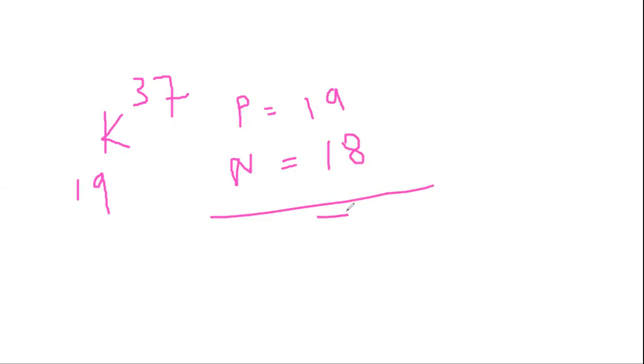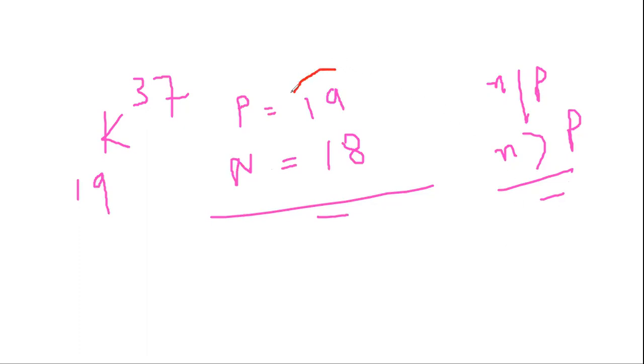In such cases there is no need to calculate the ratio, because the ratio we calculate is neutrons over protons, and neutrons are always greater than protons if there is more stability, and then you can compare this ratio with the table we have already discussed. But this is a special case.